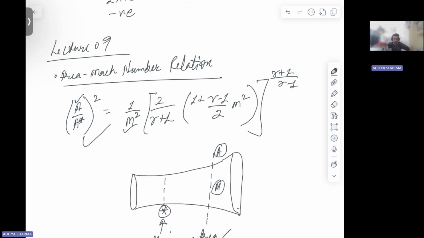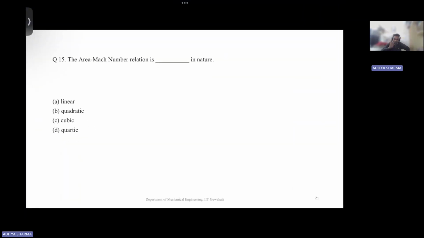So this relation is quadratic in nature. Okay. So out of the four options, B is the right answer.